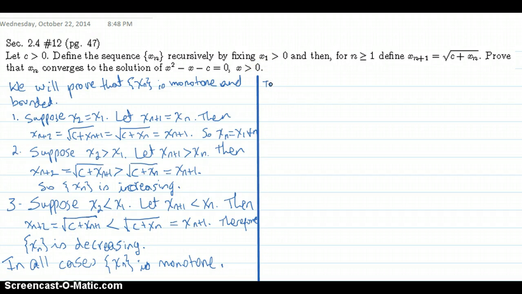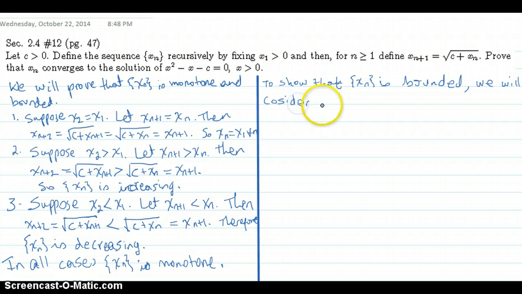So to show that x_n is bounded, we will consider the case when x_n is increasing.